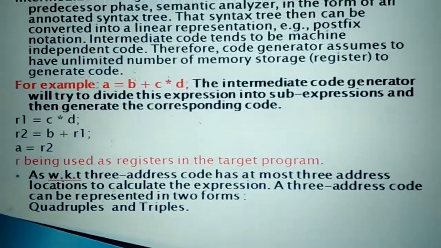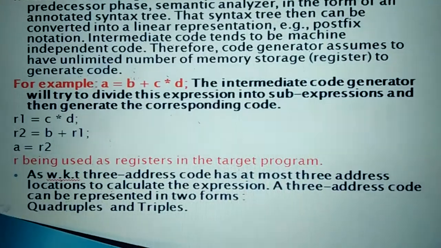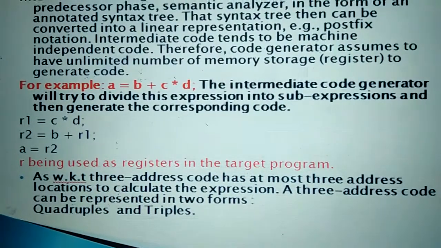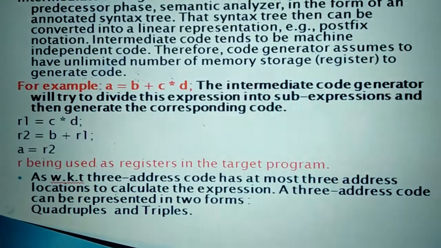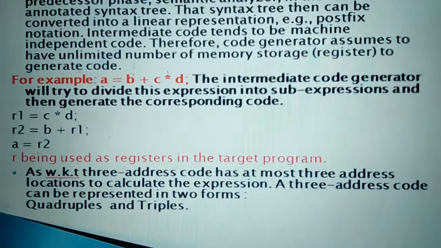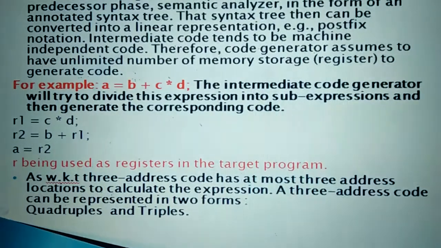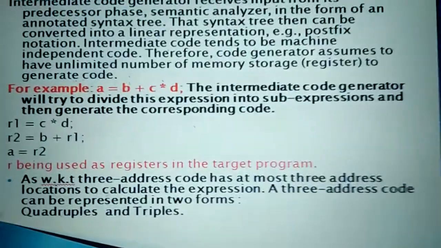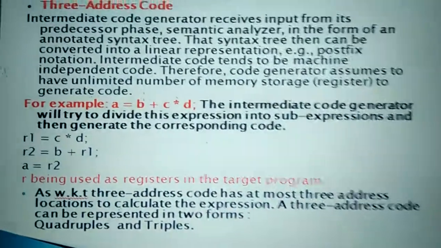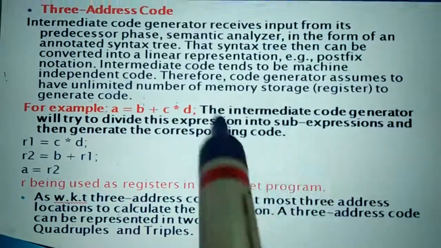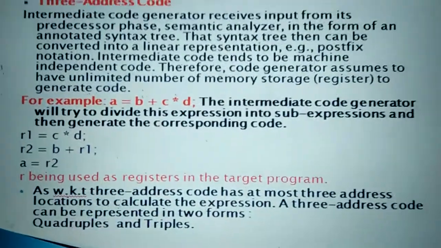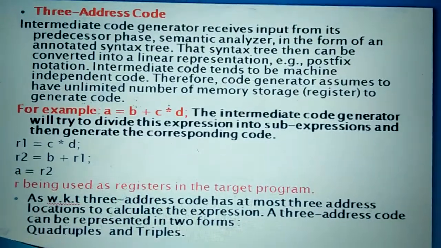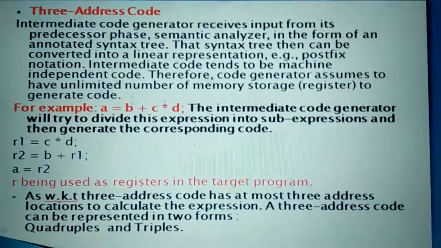It becomes very easy because the temporary variables hold great importance as registers in the target program, and this makes the conversion to target code from sub expressions very easy. Sometimes the expression may be very lengthy, and the machine converts it into sub expressions and later goes for the target code.